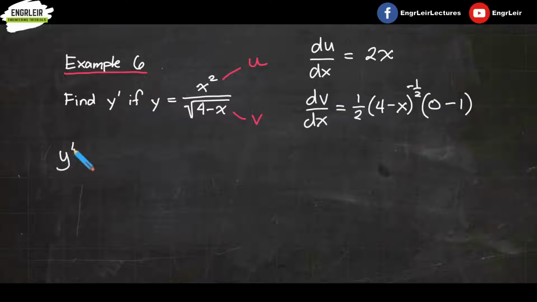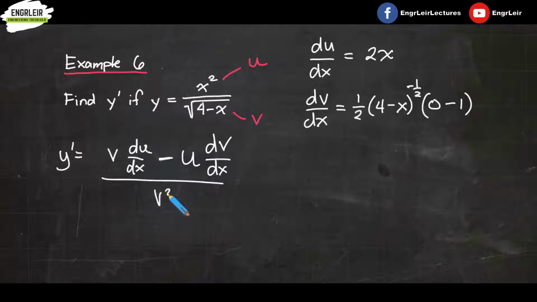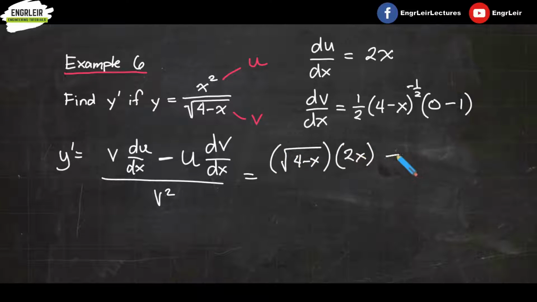So using quotient rule, we have v du over dx minus u dv over dx all over v squared. So yung v natin is square root of 4 minus x times 2x, that's the derivative ng u, minus x squared times, this one is negative 1 over 2 square root of 4 minus x.